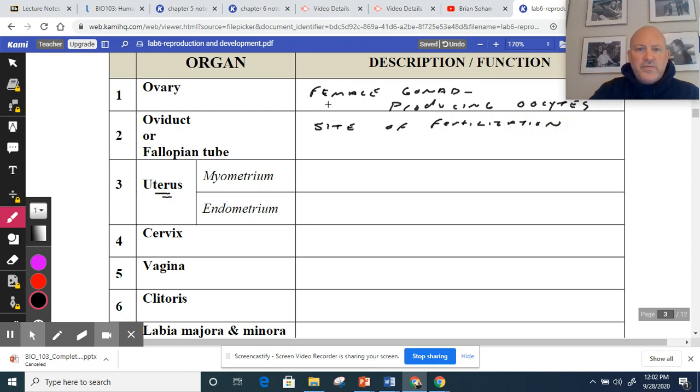The uterus, we have the muscular layer in the form of the myometrium. And we have the inner layer in the form of the endometrium, which provides this site of embryonic attachment.